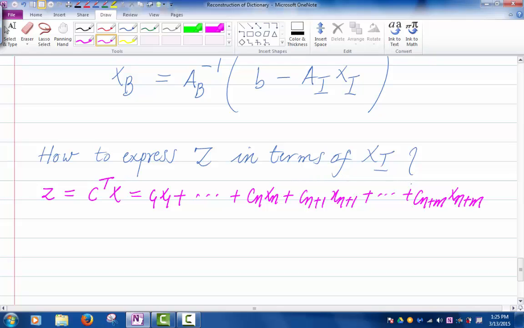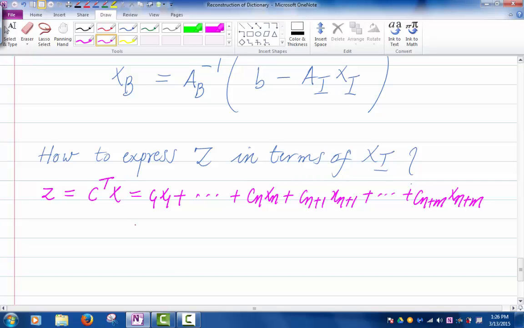Right? What do you need to do to come up with z? Well, some of these variables are basic variables, right? Among the variables from x1 up to xn plus m, some of them are basic. Whichever are the basic, you can replace them by the value you obtained here. Am I making sense? So here xb1, xb2, xbm, all of them are known from here. You're going to plug them in the z, and you're going to come up with the value of z.